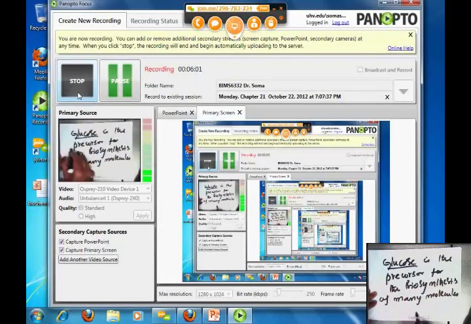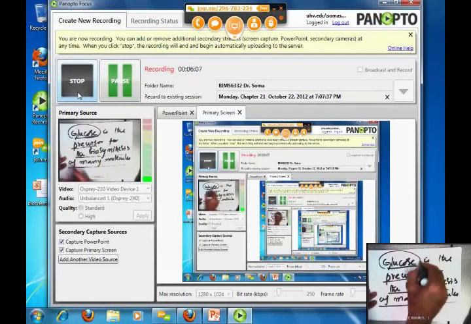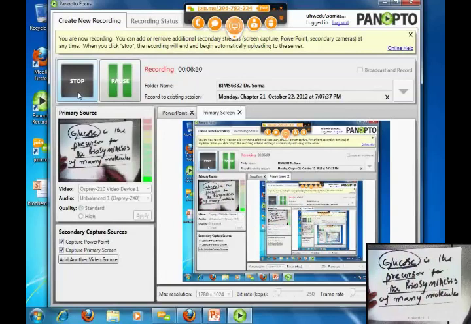So glucose is the precursor for the biosynthesis of many molecules. Meaning glucose is absolutely necessary for our body function and for producing other compounds.